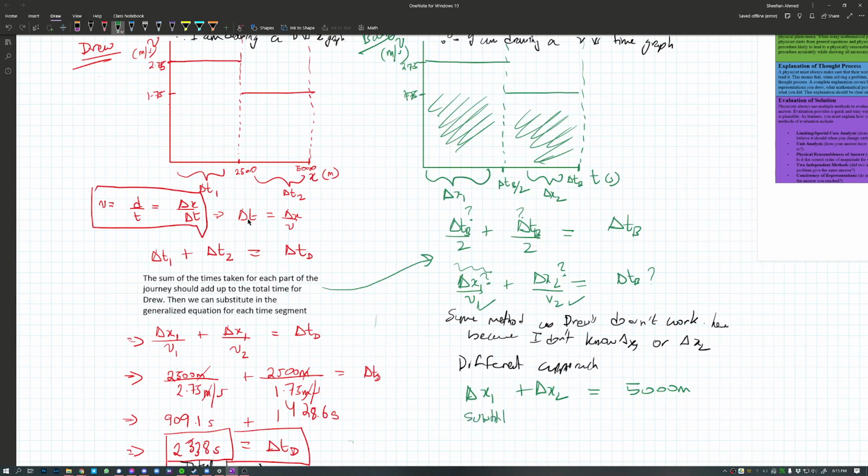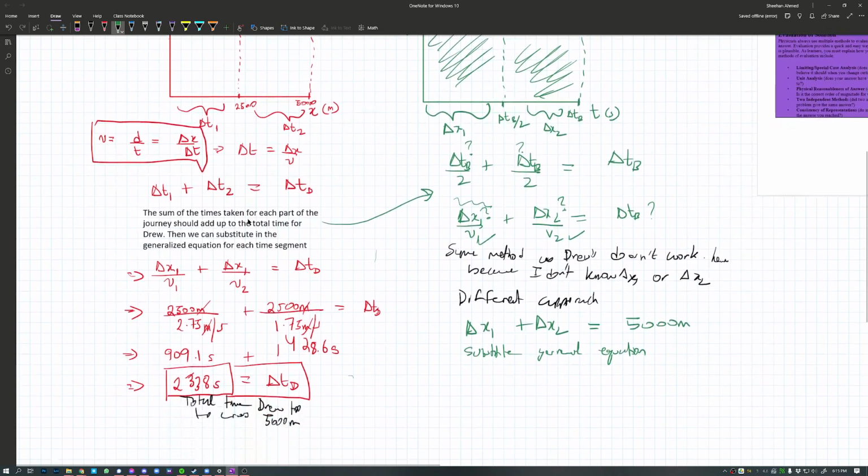Substitute into the general equation. Well, what can I do now? Let's see. How can I rewrite delta x1? I can rewrite delta x1 as v1 times delta TB over 2, right?